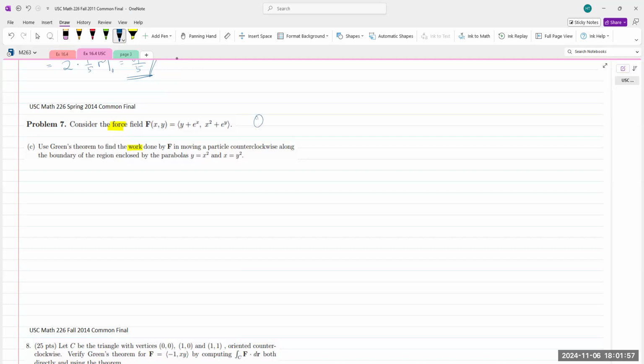So Q sub x minus P sub y equals: Q sub x is 2x, minus P sub y is 1. Use Green's theorem to find the work done by F moving a particle counterclockwise along the boundary of the region enclosed by the parabolas y equals x squared and x equals y squared. Okay. So we want to deal with this region here.